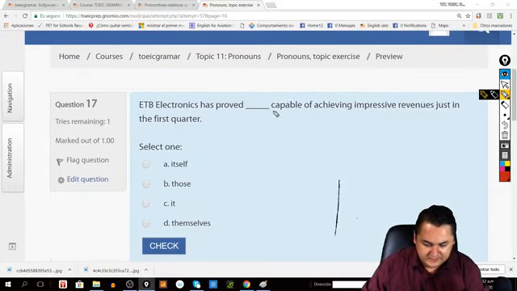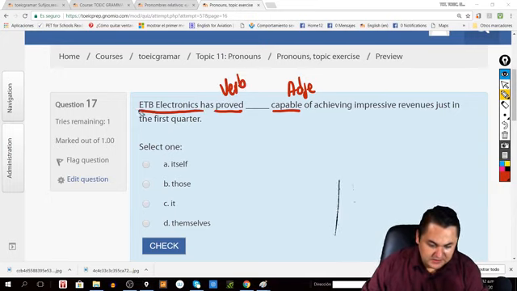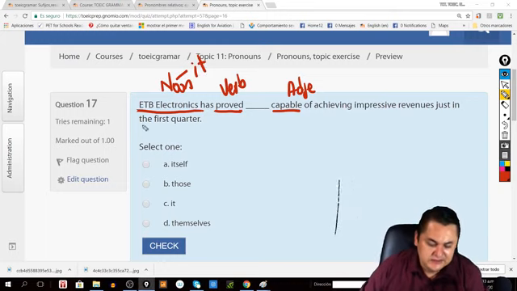What do we have here? Capable is an adjective. Before adjectives, we have nothing according to the rules. So we have has proved. Proved is a verb. Before, I can find a noun, and this noun can be replaced by it because we can see it is ETB Electronics.